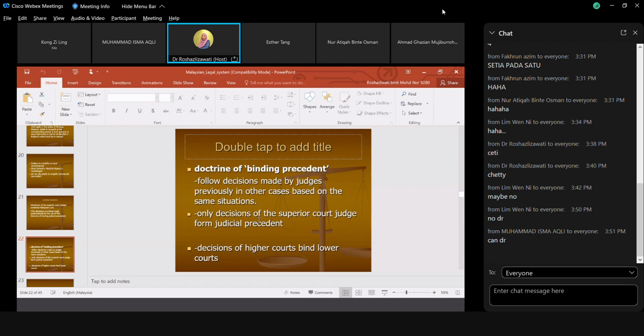Superior court consists of high court, appeal court, and also federal court. That one is superior court. So whatever has been decided by the judges from the high court, appeal court, and also federal court will be followed by the current judge, the next judge who is sitting in that court. The current judge will make a decision based on the previous judge.